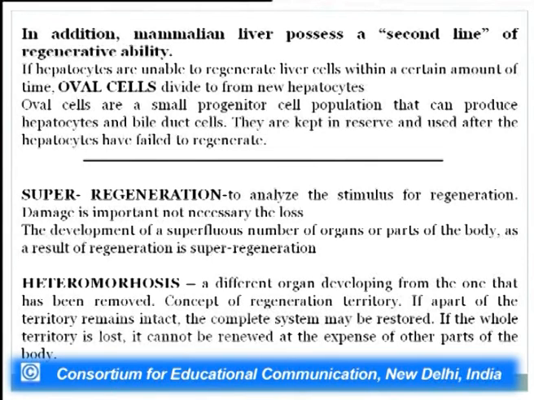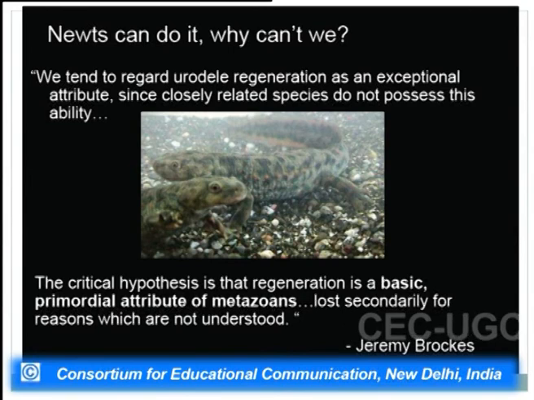If the whole territory, however, is lost, it cannot be renewed at the expense of other parts of the body. So, heteromorphosis is when, for example, a limb is amputated, but some other part grows from there, because the entire territory of the limb is removed, and therefore the limb is not able to regrow. That kind of regeneration is termed heteromorphosis.